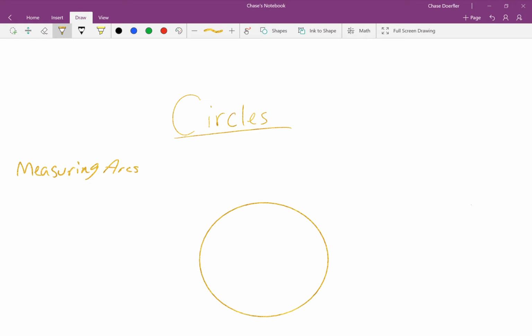So the equation for measuring arcs, which I should have put on the circle, would be at xy. I'm just going to call it xy for now.